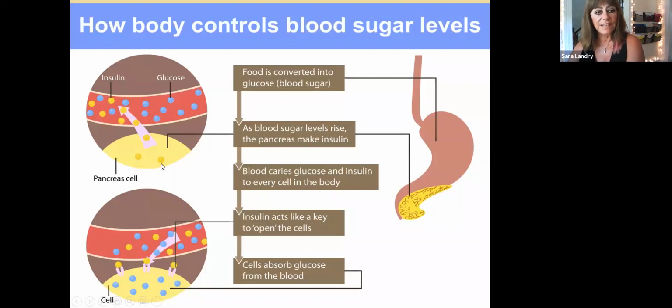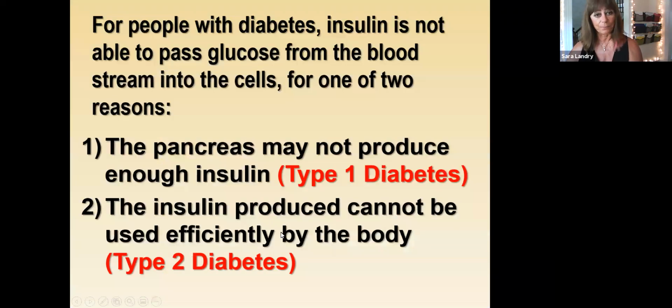If we go over to the left side, you can see an artery, and the little blue dots in the artery are glucose, and the little yellow dots are insulin. And if you go down below to this lower circle, you can see this is a cell. The lower part of that circle, that yellow part, is a cell, and it has little doors. And insulin opens the doors so that glucose can go into the cell.